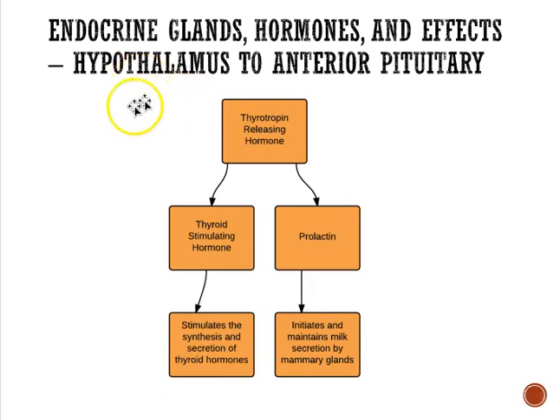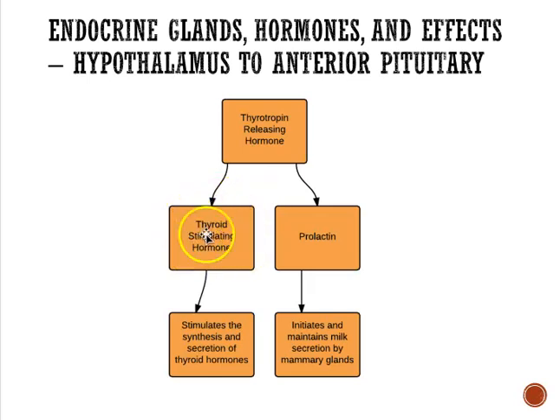Okay, the next one being released in the hypothalamus is thyrotropin releasing hormone. It basically is going to work on thyroid stimulating hormone in the anterior pituitary, or it will cause release of prolactin from the anterior pituitary. They have different functions.